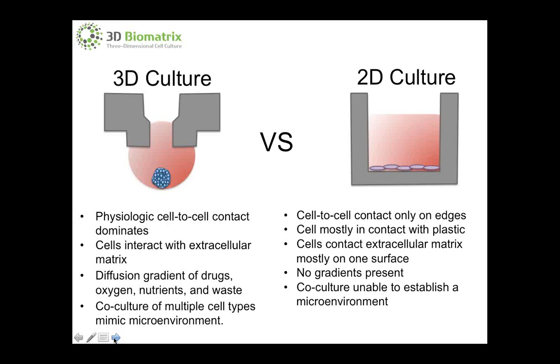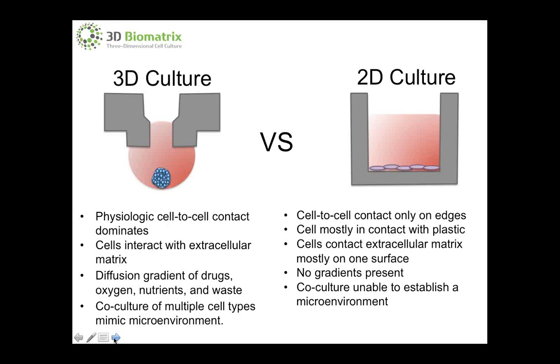And cells are able to interact with extracellular matrix in a much more physiologic way. These two things create diffusion gradients of drugs, oxygen, nutrients, and waste, which I'll illustrate a little bit more on the next slide.